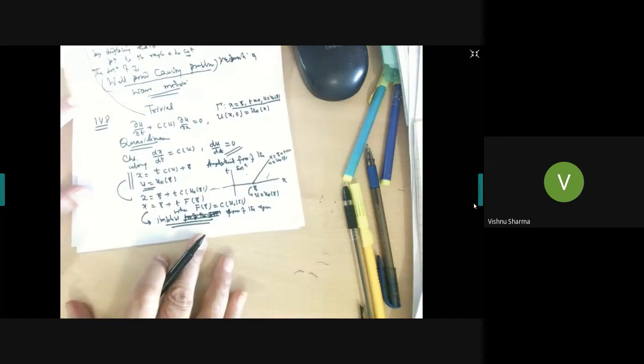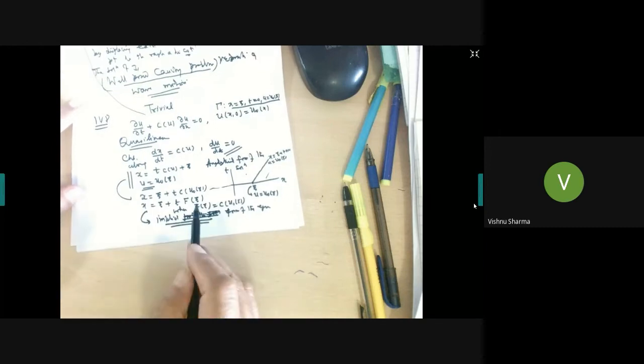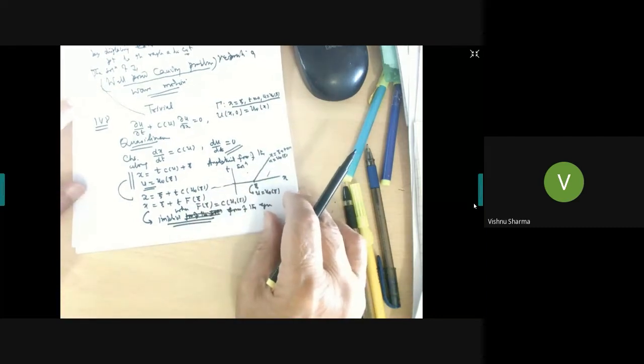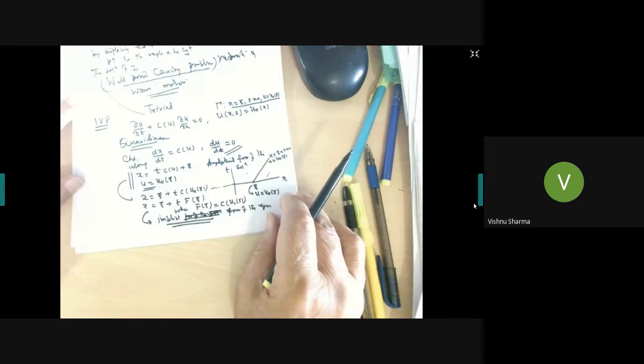So I do not know whether it is possible to express ξ as a function of x and t. What is the criterion?